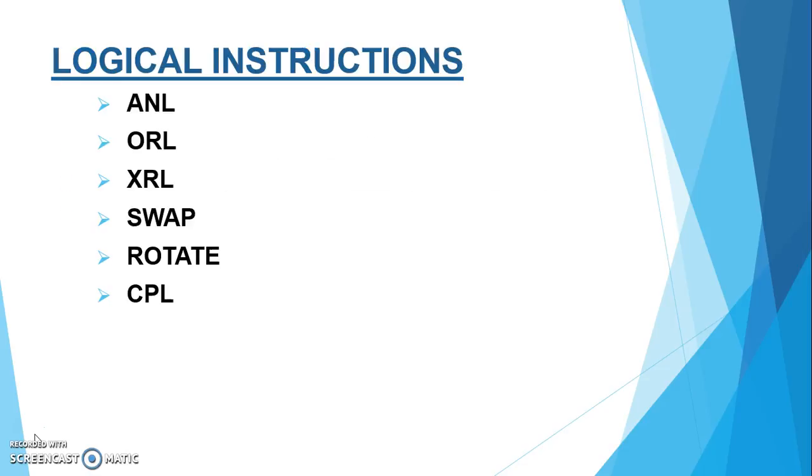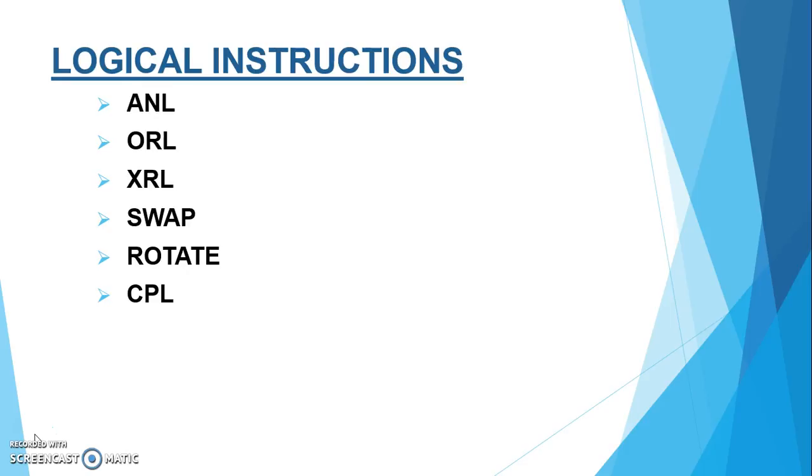So before I begin with logical instructions of 8051 in detail, let us try to accumulate the various logical instructions we have in 8051. As you can see here, the various logical instructions in 8051 start from ANL.